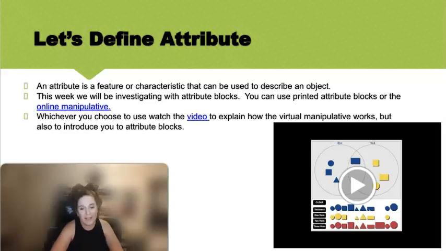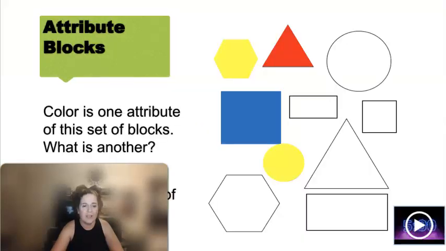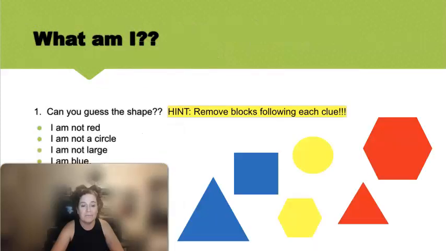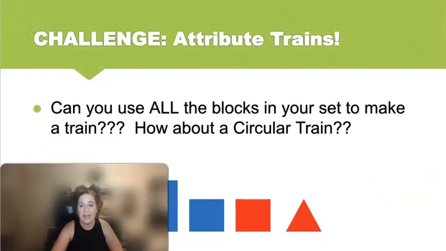There's a great online manipulative, but if you come to class, we'll be working with it in class, and we'll be talking about mathematical and non-mathematical attributes, and then playing a guessing game. Super fun. Kids love to do this in class, and they can make up their own. And then we're also going to be talking about attribute trains and what an attribute train is.